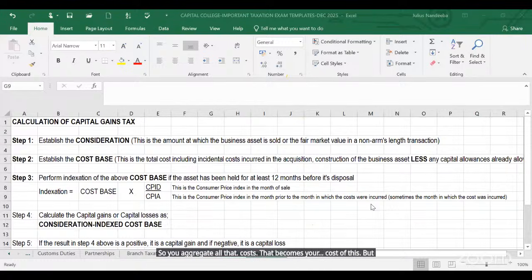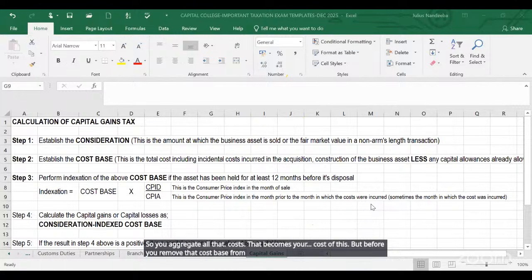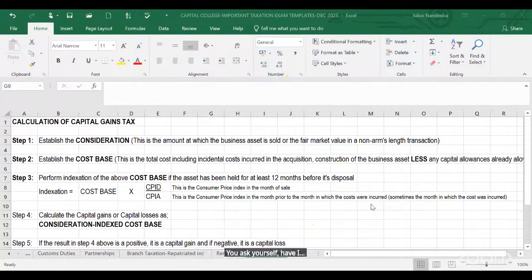But before you remove that cost base from consideration, you ask yourself, have I owned this asset beyond 12 months? If you have been with that asset beyond 12 months, you're going to do what you call indexation.